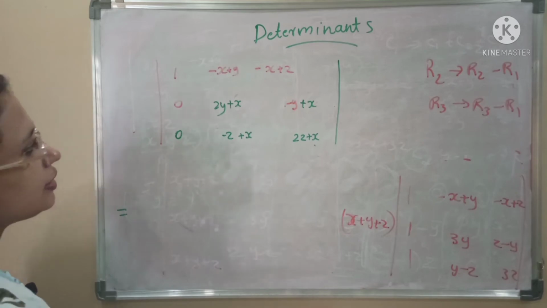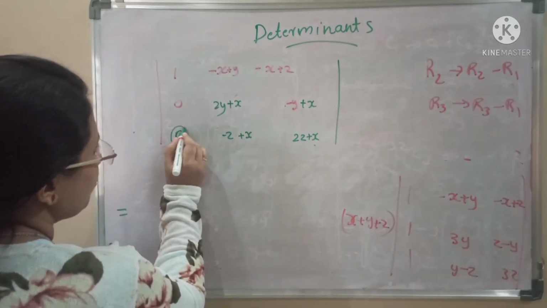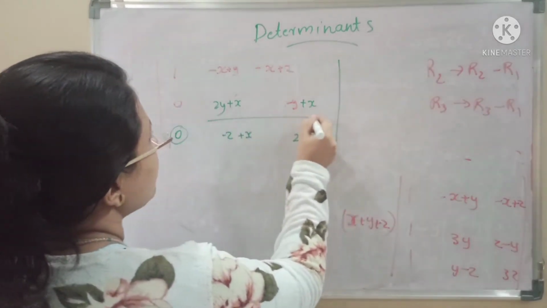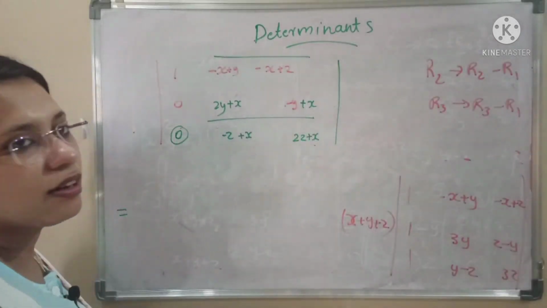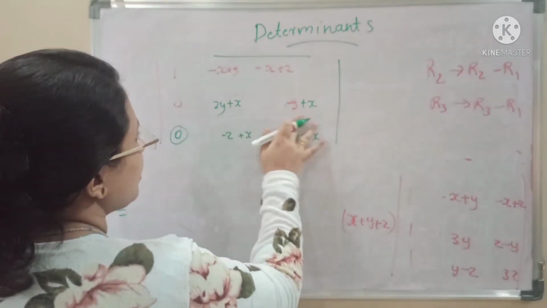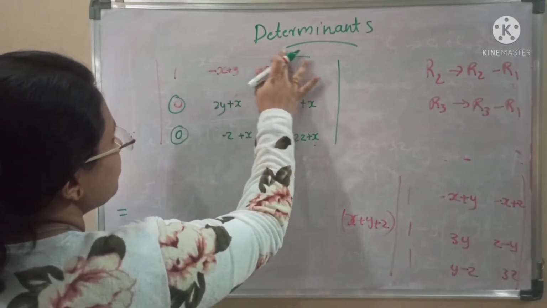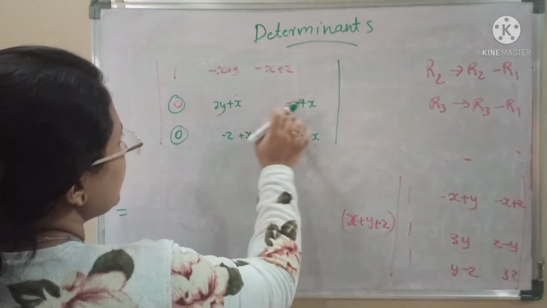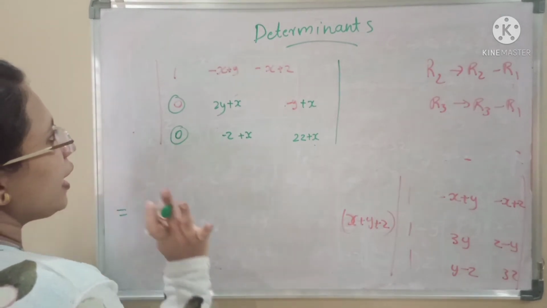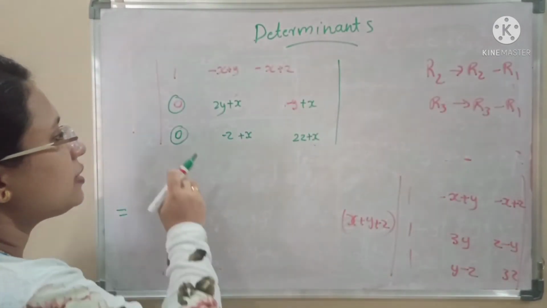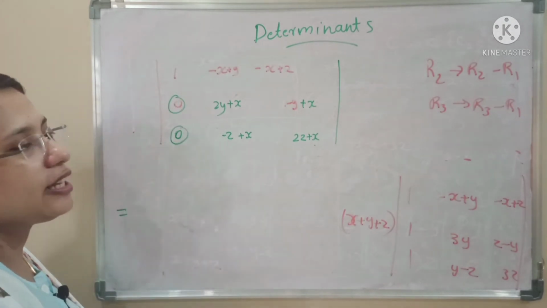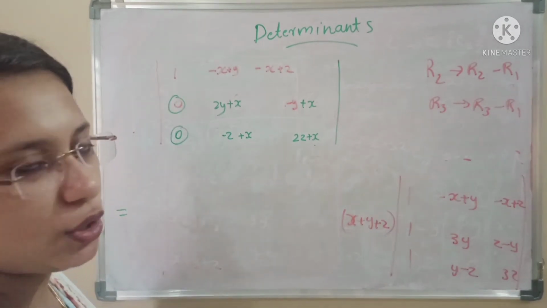If we consider this term, we cannot consider these, we will be operating these determinant elements. Similarly, if we consider this element, we will avoid these elements, we will operate these two. Anyway, we don't want to consider these two elements because the answer is going to be 0.